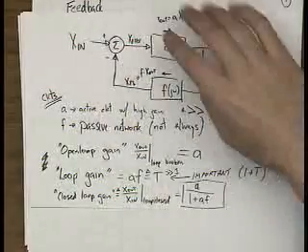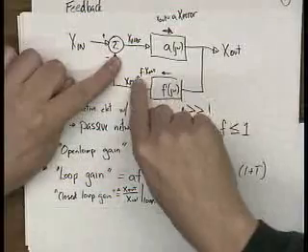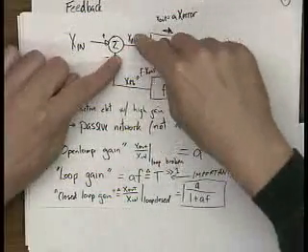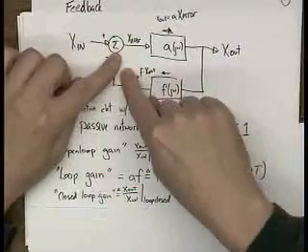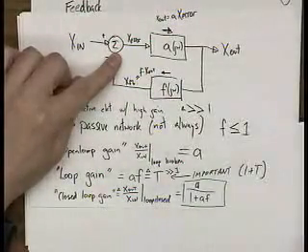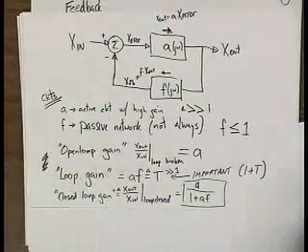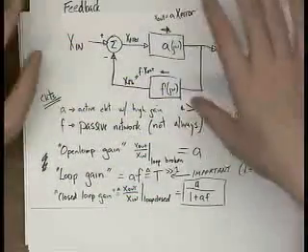And here what I'm doing is I'm breaking the loop here, starting at X error, and getting to X feedback. And you can see that that's one traversal around the loop. So X feedback over X error equals A times F. Okay? And closed loop gain is the gain of this entire block, as shown.